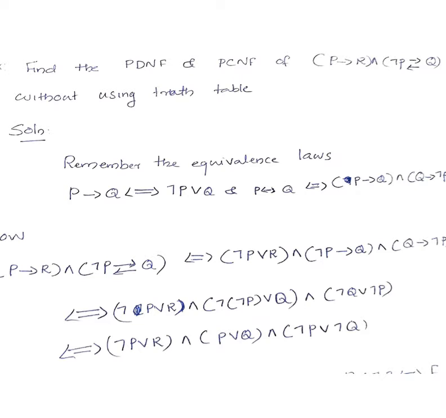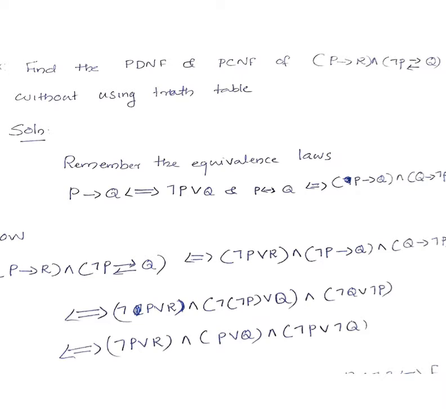Here we have to remember the equivalence laws, which are the conditional and biconditional laws. P conditional Q is equivalent to negation P or Q, and P biconditional Q is equivalent to (P conditional Q) and (Q conditional P). Why do we use this rule?